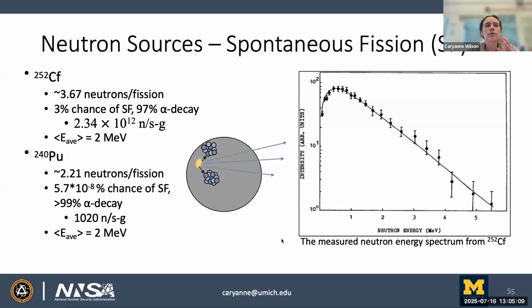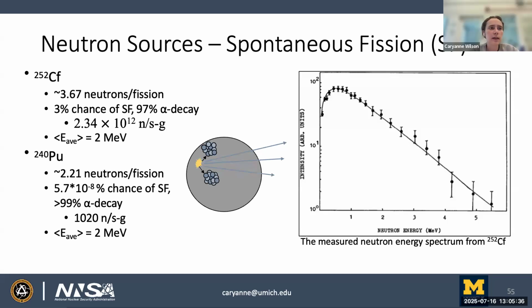Now I'm going to take a second to go over some of the different types of neutron sources, so that we can inform the best way to detect these kinds of neutron sources. The first thing we're going to talk about is spontaneous fission. This is things like Californium-252 or plutonium-240, where the isotope will spontaneously fission and then emit some amount of neutrons.